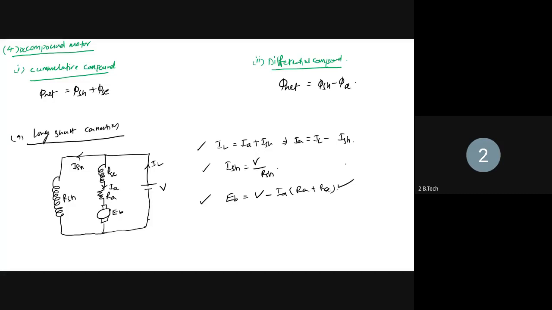So like that, we can calculate the currents and voltages in case of the long shunt connection. Everything will be same as that of the DC generators, all the formulas, but there will be sign changes for the currents that you have to concentrate on.